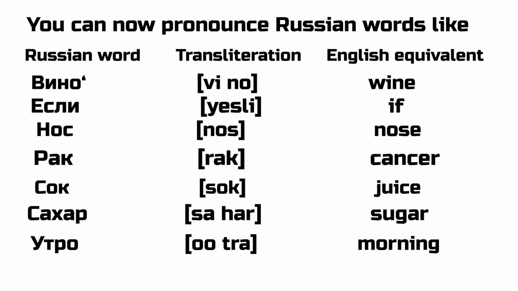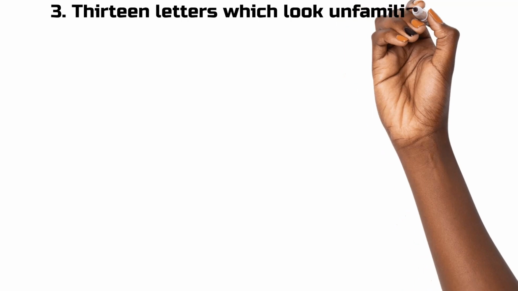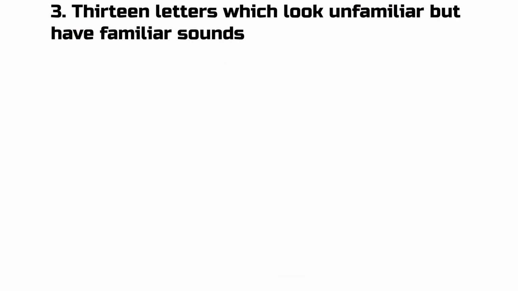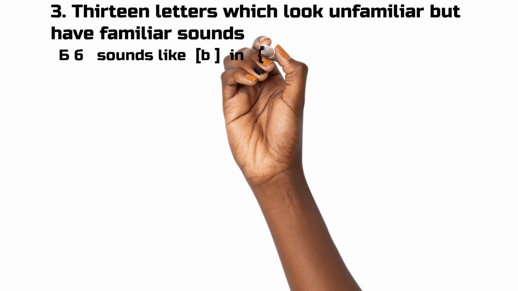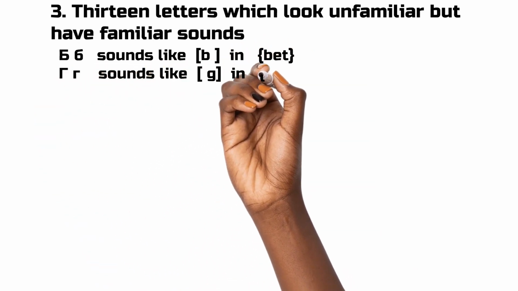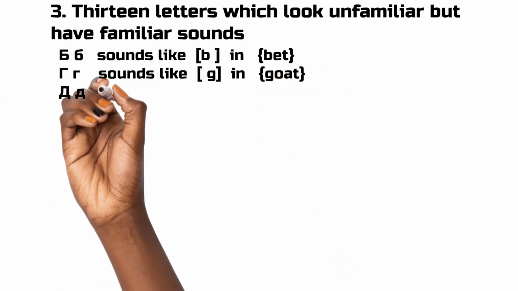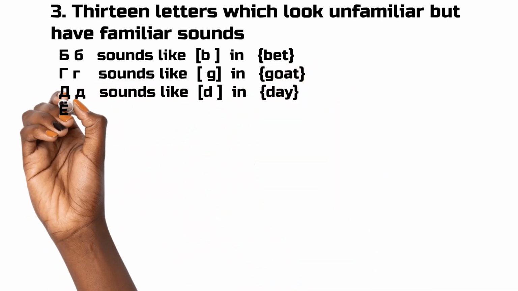Now, let's move on to Group 3. Group 3. There are 13 letters which look unfamiliar, although some may sound familiar. B sounds like B in beds. G sounds like G in goats.